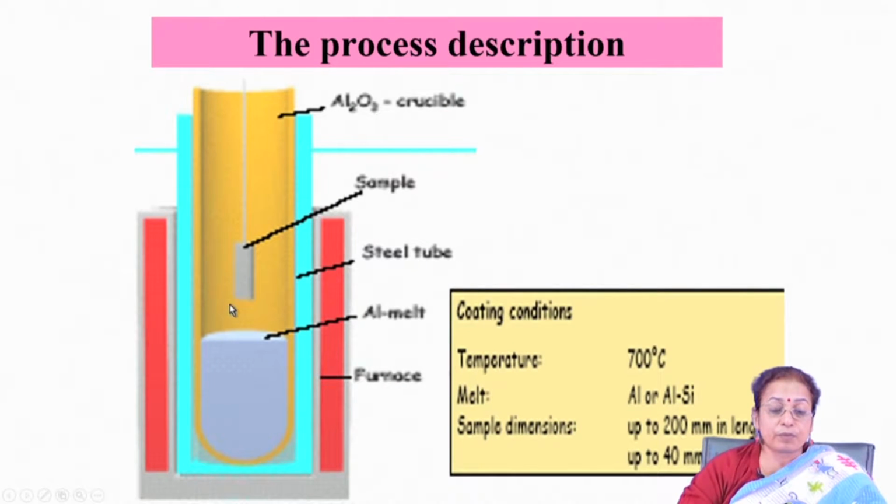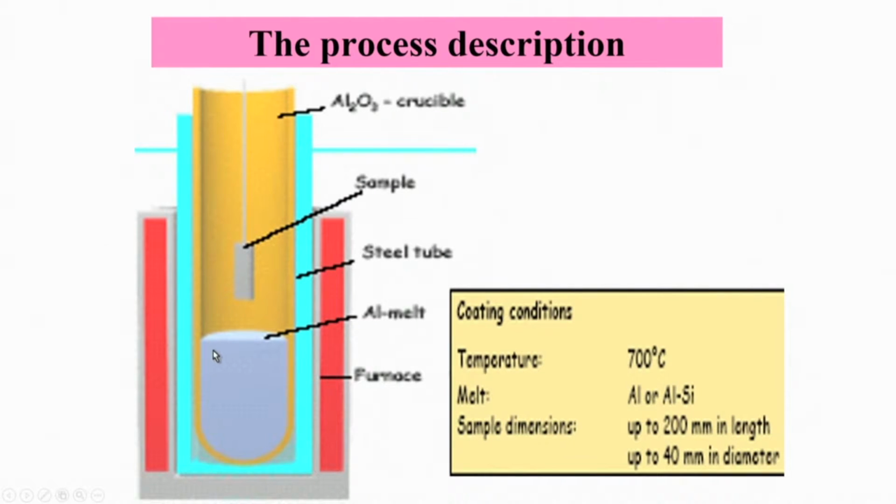So, single step operation is easy to operate because here your melting temperature depends on the melting temperature of the alloy, or which alloy you are using. If it is pure aluminum, it may be 700 to 725 degrees Celsius, and usually a little bit of silicon is used for hot dipping operation because silicon improves the fluidity.